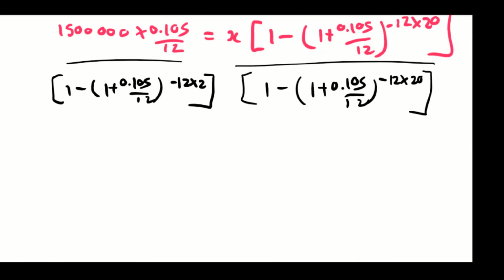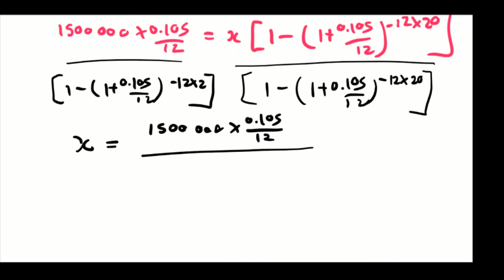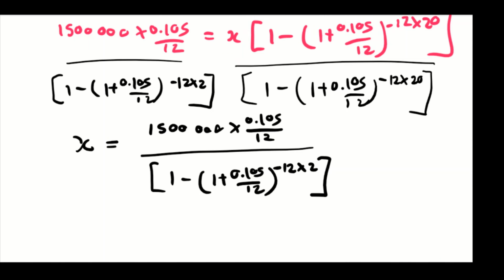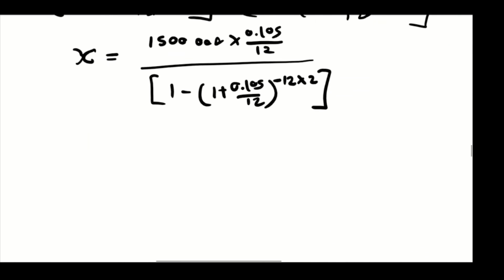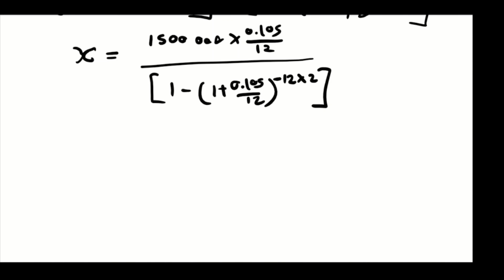So x is equal to 1,500,000 times 0.105 over 12 divided by 1 minus 1 plus 0.105 over 12 to the power of minus 12 times 20. So I'm not punching into the calculator as yet until I get this final expression, because I don't want to be getting different answers towards the person who's going to mark. So you always need to make sure that you round off towards the end.